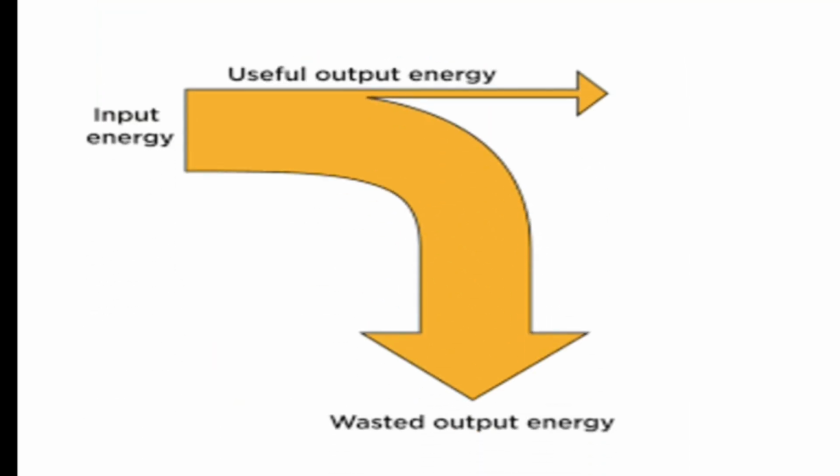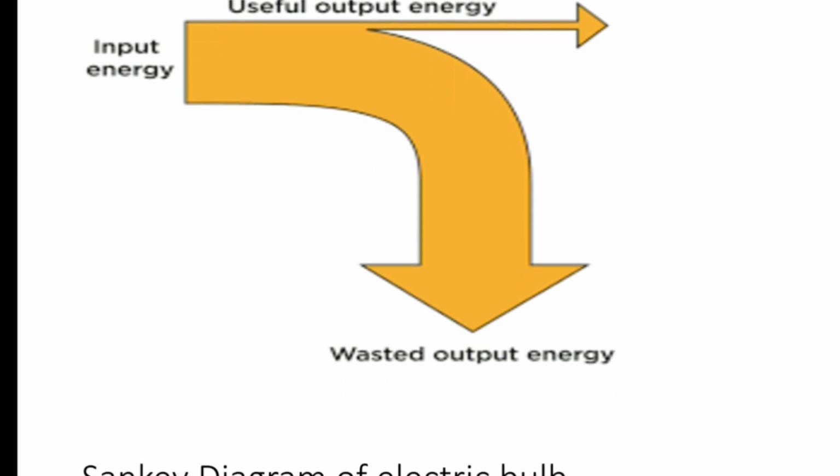This is the way how we draw and how we represent energy on a Sankey diagram. Input energy will be towards the tail, and output energy, either it is used up or waste, will be towards head. Thickness of the arrow represents the amount of energy. If it is thick enough, then energy is more, and if it is thin, energy is less.